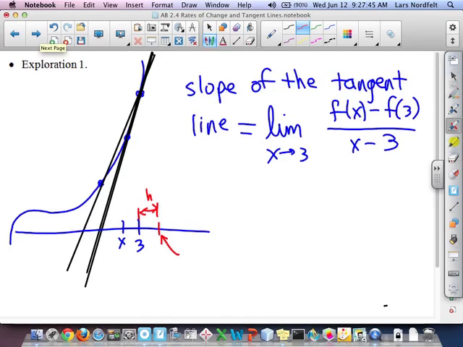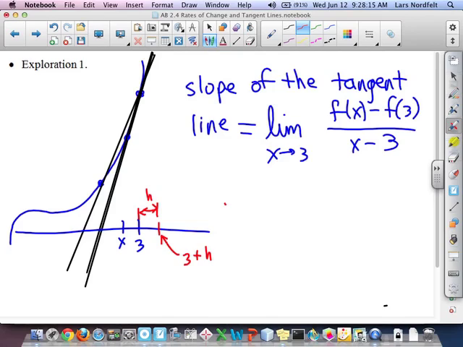This x value would be three plus h, right? So I could use a point further up on the curve, and as that point gets closer to this point, the slope between the 2 points is the slope of the tangent line.